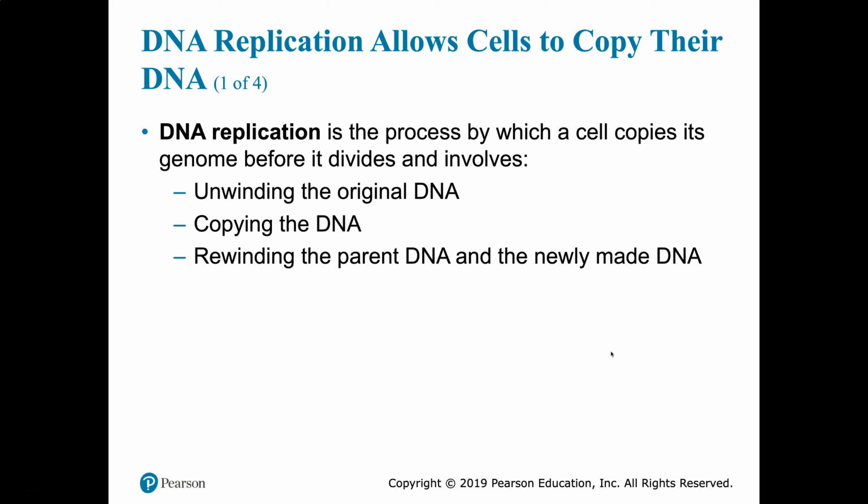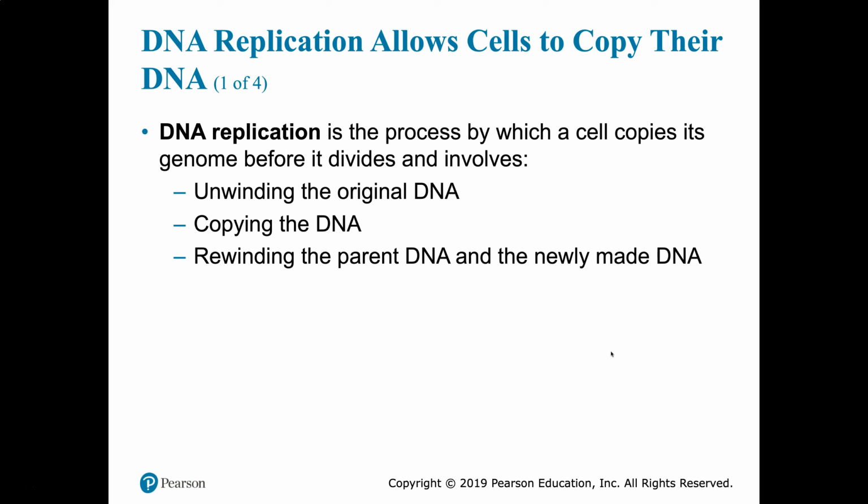In order to replicate the genome, to copy it exactly, there are some really important functions that need to happen. Otherwise, it is not going to work. First, you have to unwind the original DNA. Remember, DNA in bacteria is extremely coiled, right? We talked about how it's like a rubber band, one giant circle, but it twists and turns and folds in order to take up less space in the nucleoid region within the cell.